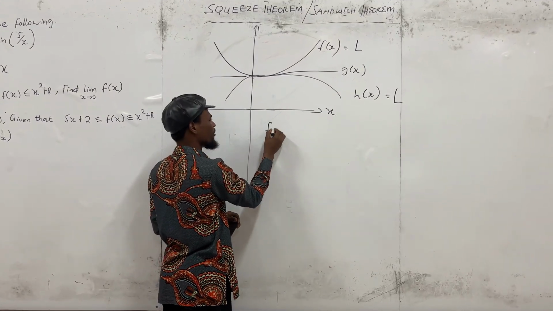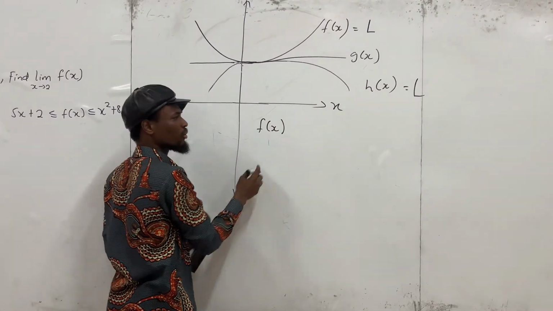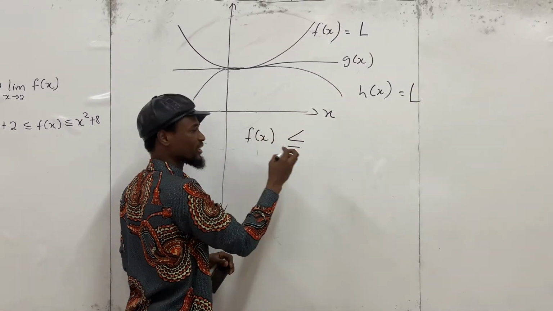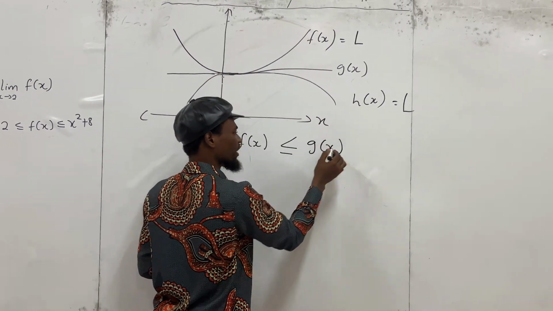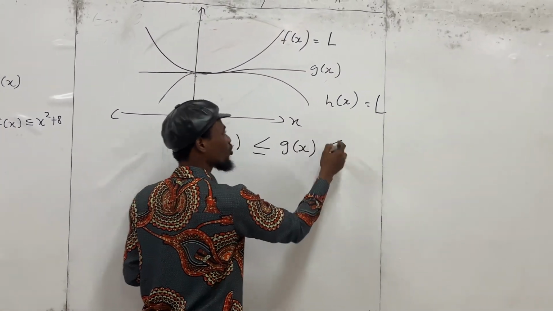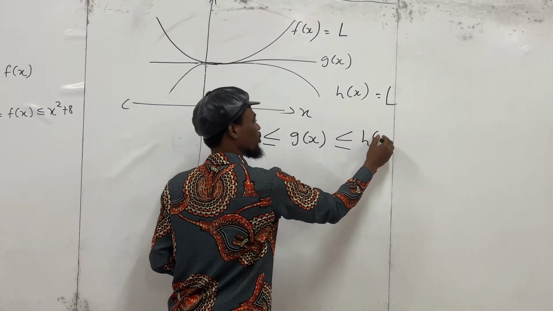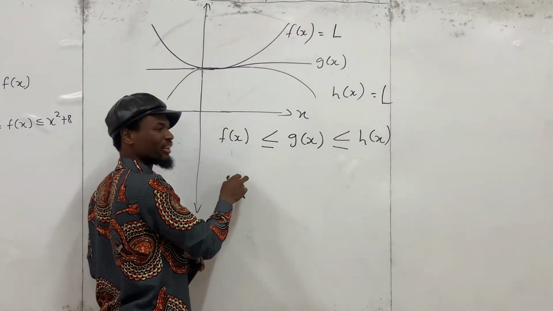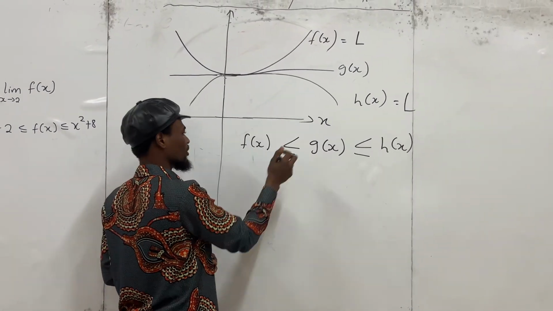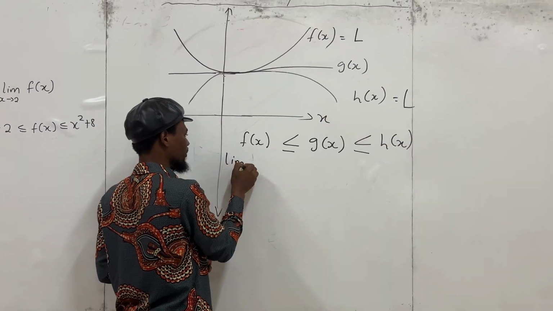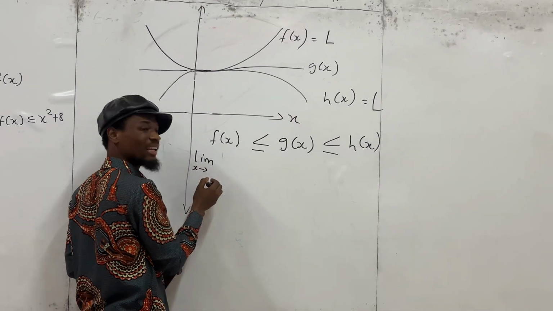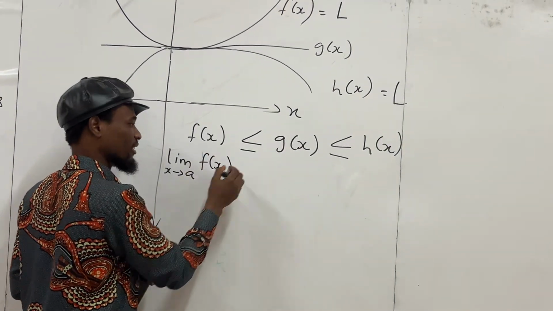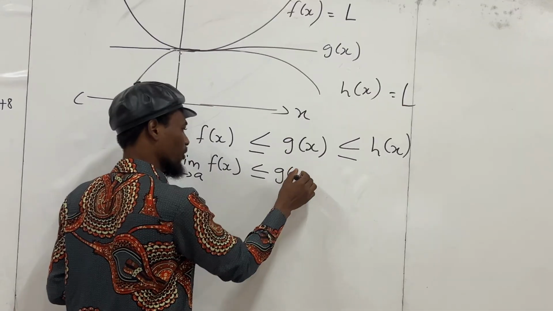So if I have f of x this way, which is less than or equal to the middle function, which is my g of x, which is less than or equal to h of x. Now, when I take the limit, so let me take limits. So we have the limit as x approaches a certain value, a, of f of x less than or equal to g of x.